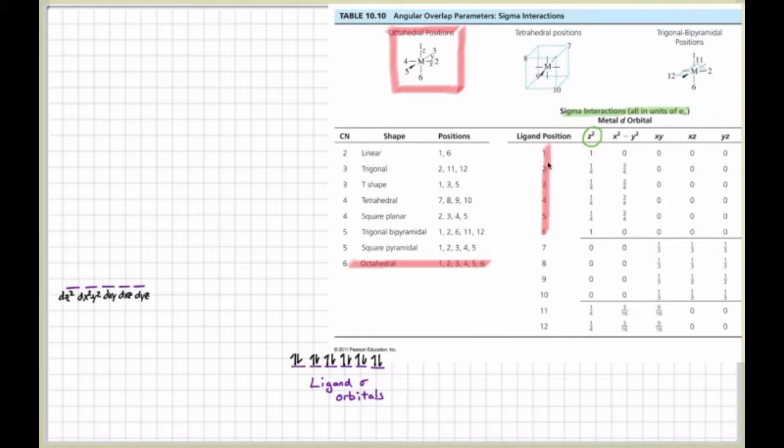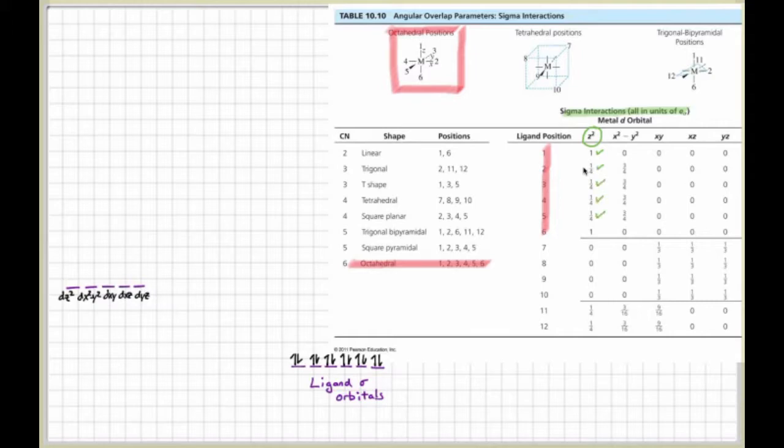So obviously ligand position 1 has a greater degree of overlap with the dz squared than ligand position 2. And we saw this type of effect when we looked at crystal field theory also. Okay, so ligand position 1 contributes 1 E sigma.